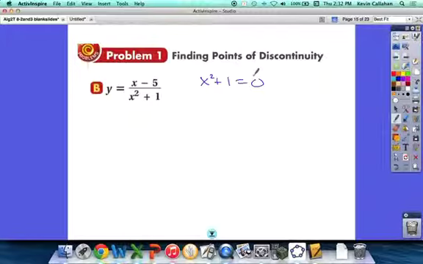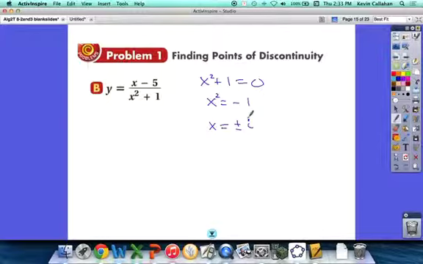Which one? Negative 1. If x squared equals negative 1, try to solve for x by taking the square root of both sides. X equals plus or minus i. Right? The square root of negative 1 equals i. When you took the square root, you have to say plus or minus.